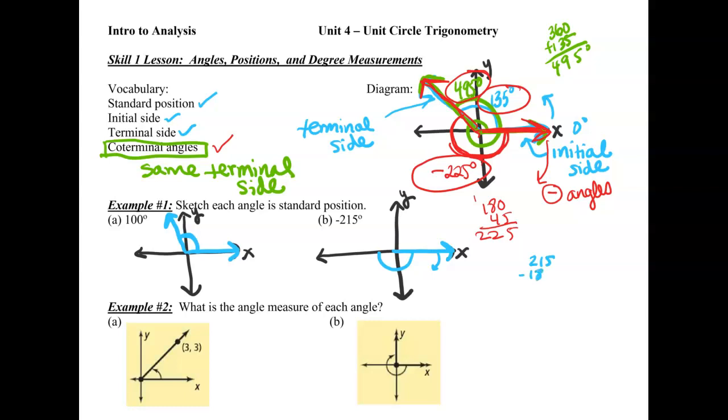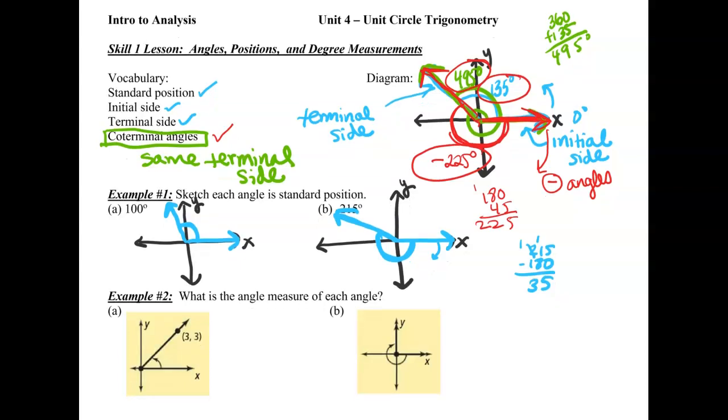So 215 minus 180 leaves me with 35, an extra 35 degrees. So something like this could be a good representation of negative 215 degrees.